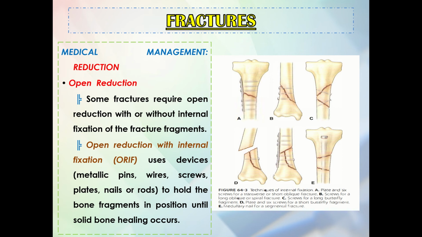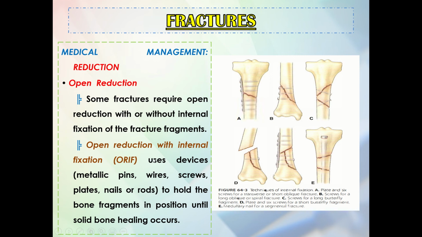Okay, so when you say open reduction, some fractures require open reduction with or without internal fixation of the fracture fragments. So pag sinabing internal fixation, naglalagay tayo ng metals, for example, para maayos yung fractured bone, such as this one. So ayan, ito meron tayong internal fixation na nilagay.